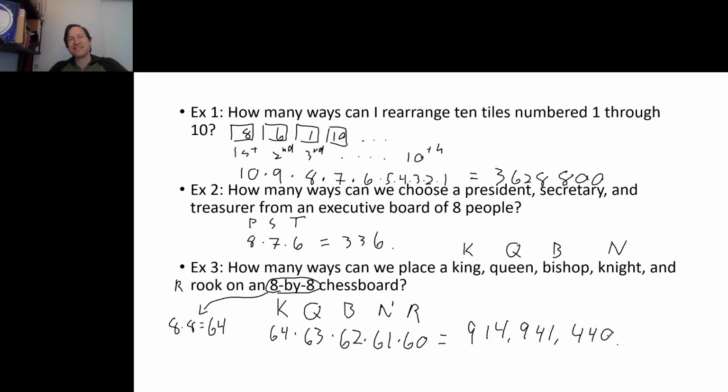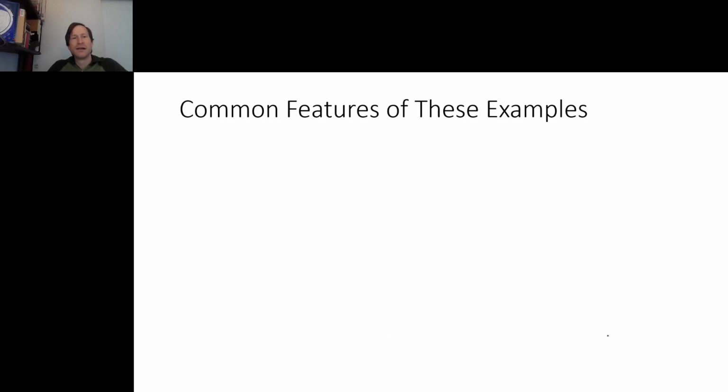Well, if you look at these 3 examples, they all have a few features in common. What these have in common is that once we've made a choice, we can't choose the same thing again. So, for example, in the president, secretary, treasurer example, when we chose someone to be president, we couldn't choose them again to be the secretary or treasurer.